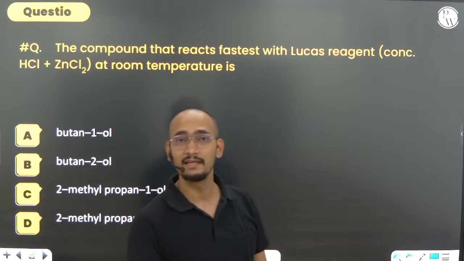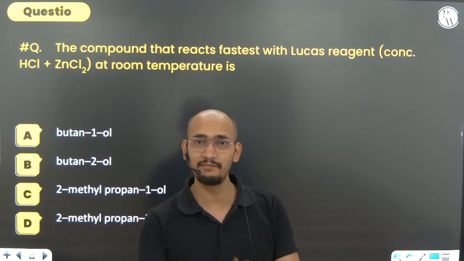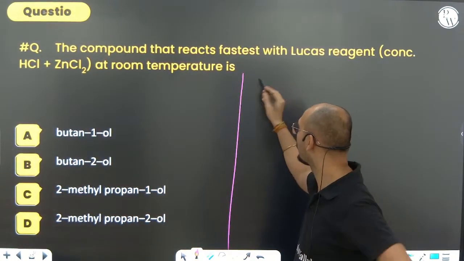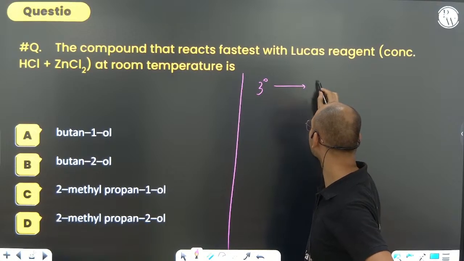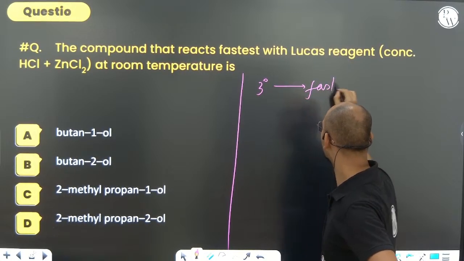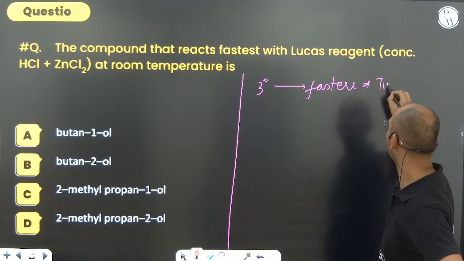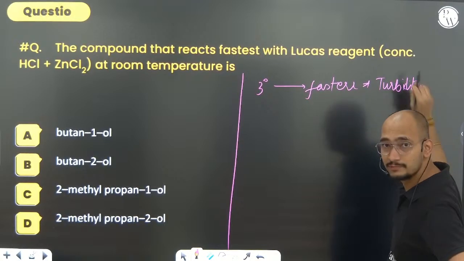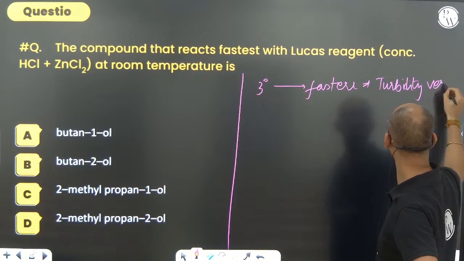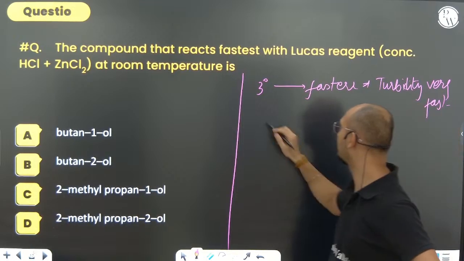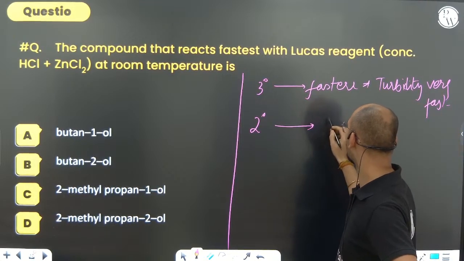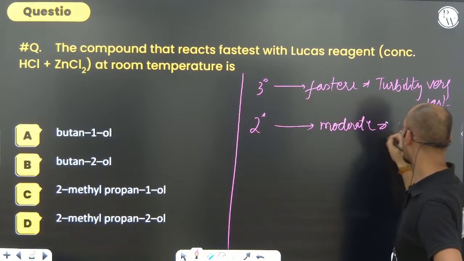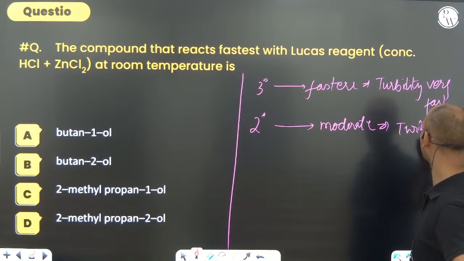Lucas reagent is used for identification of 3 degree, 2 degree and 1 degree alcohols. 3 degree reacts faster and gives turbidity just at that time only, very quick, immediate, while 2 degree is not so fast, a moderate rate of reaction, and gives turbidity after 5 minutes.